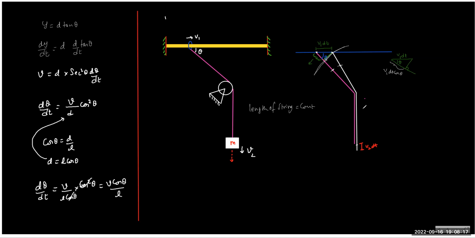Understood? So what is the answer now? Which relationship will hold here? v1 dt cos theta is equal to v2 dt. So v1 dt cos theta is v2 dt, which is simply as simple as v1 cos theta equals v2.